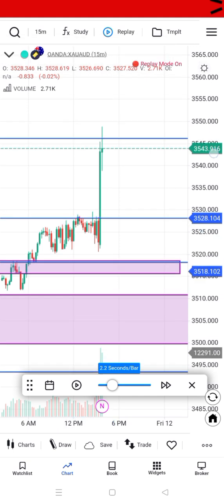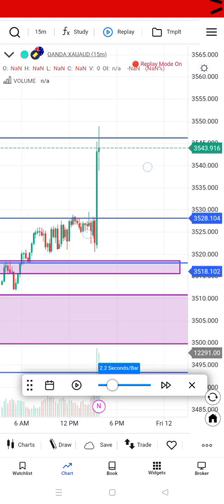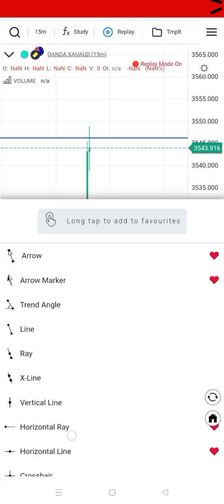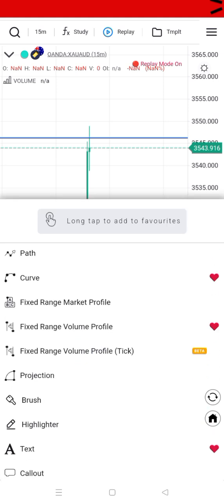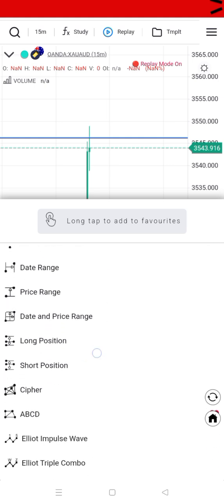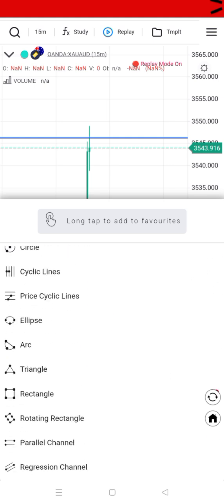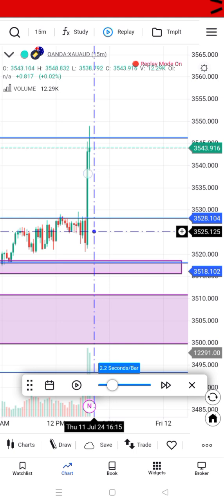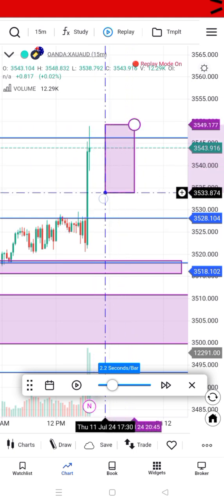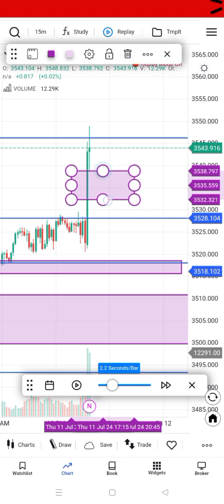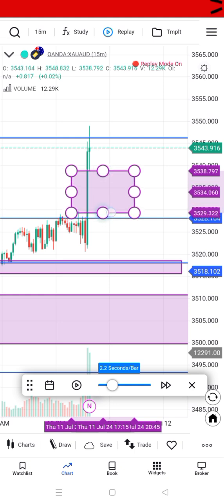So we are at 15 minutes and I have identified, what do you identify? You see there is a fair value gap which has been created after that movement. So come back, go to the tools and now mark that fair value gap, since it will come to have an effect in this trading market.